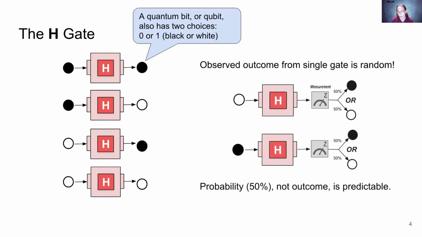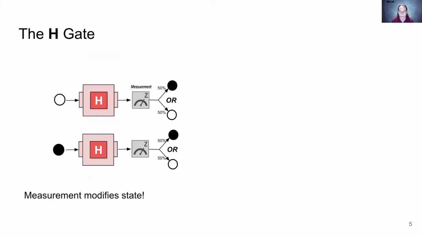And to be more precise, what happens is I put the white ball or the black ball through, I apply an H gate to the black or the white, and then I perform a measurement. And there's a 50-50 probability of measuring black or white. So this is the way we introduce superposition into a quantum system. There are other gates that can do other percentages as well, but we're just showing the H gate because it's the classical one to present first in quantum.